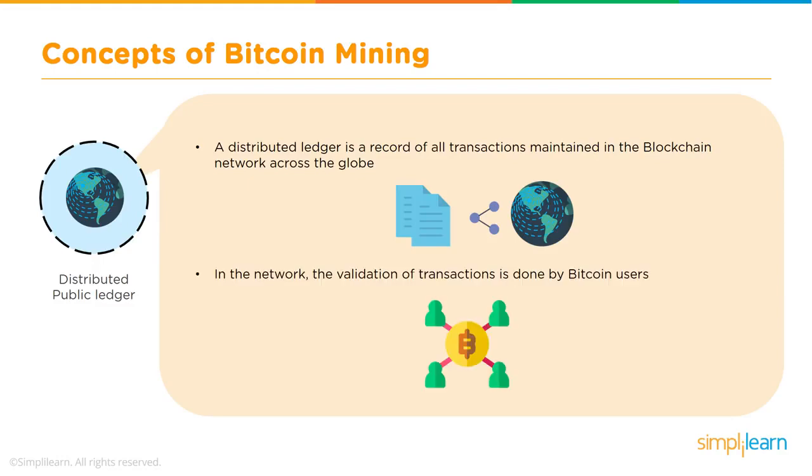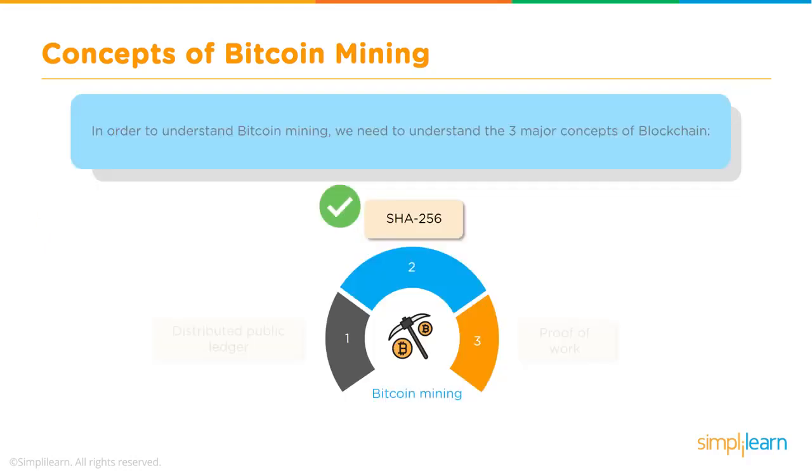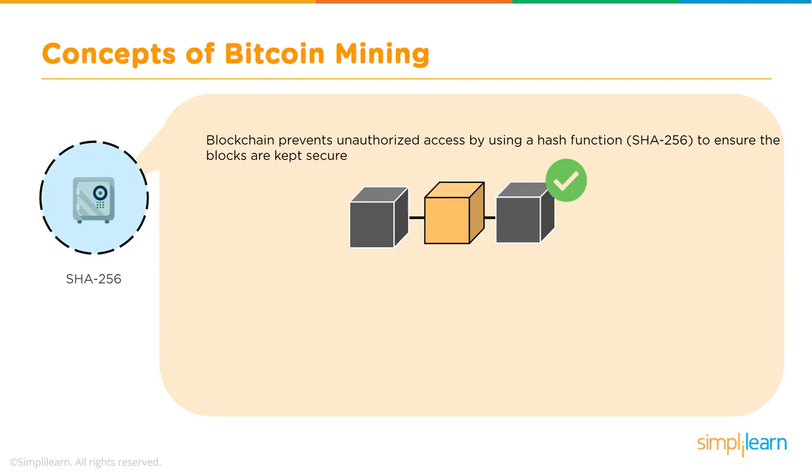In the network, the validation of transactions is done by Bitcoin users called miners. Second, SHA-256. Blockchain prevents unauthorized access by using a hash function called SHA-256 to ensure that the blocks are kept secure. They are digitally signed, and their hash value once generated cannot be altered.